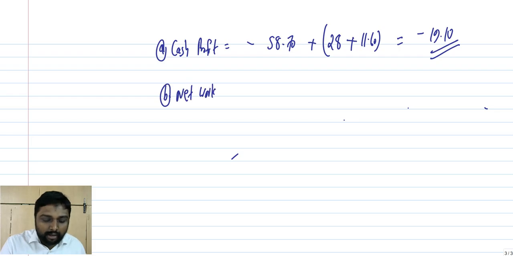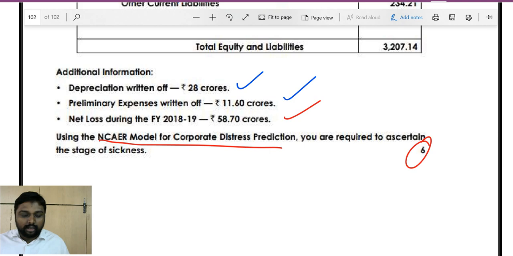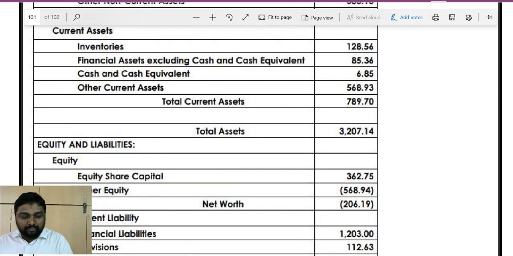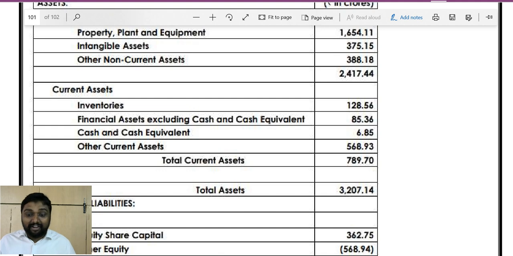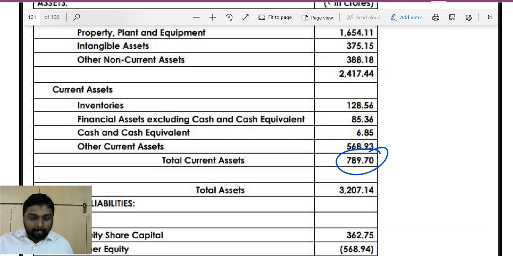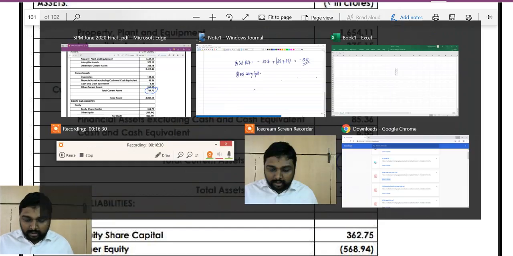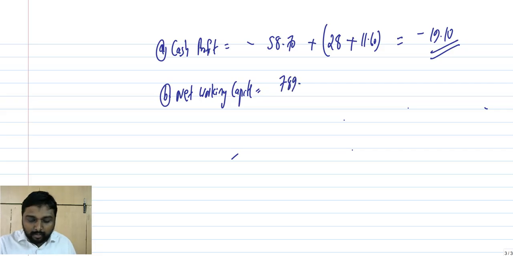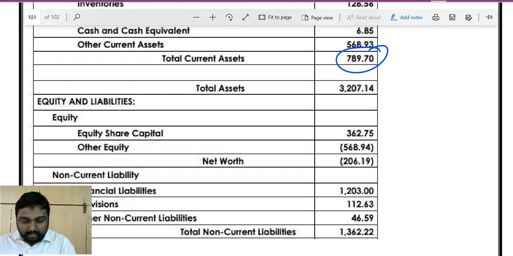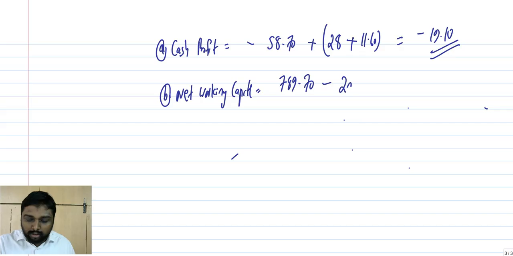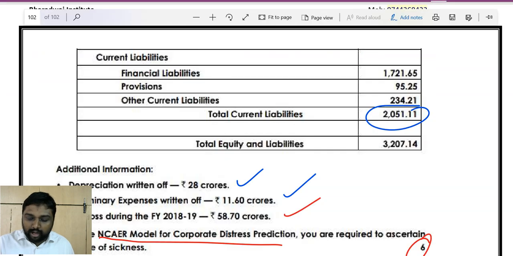Now we will go for the second item, net working capital. What is net working capital? Current assets minus current liabilities. As per the new format they have given the total current assets, 789.7. Current liabilities are 2051.11.